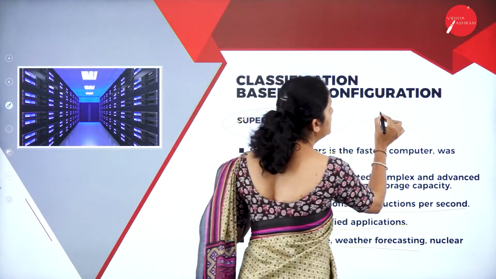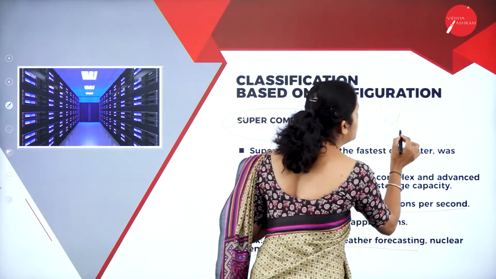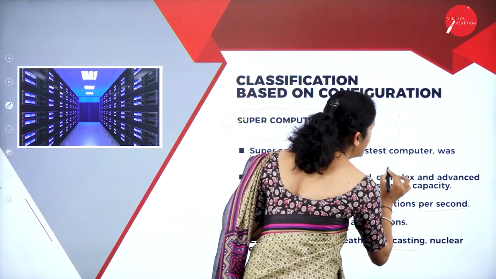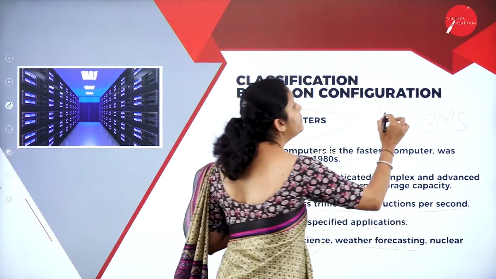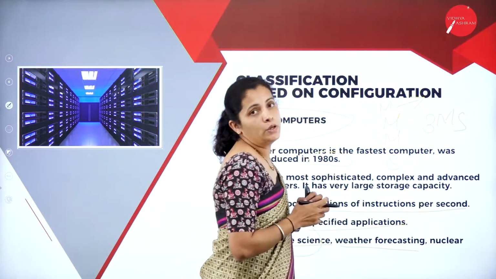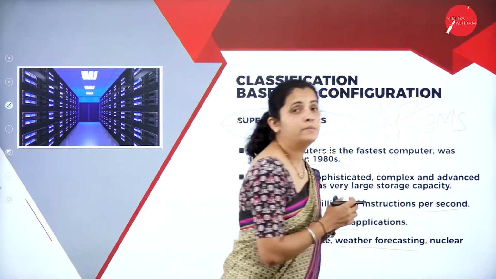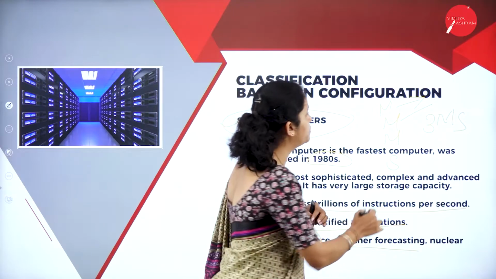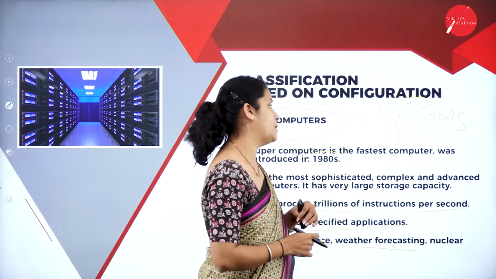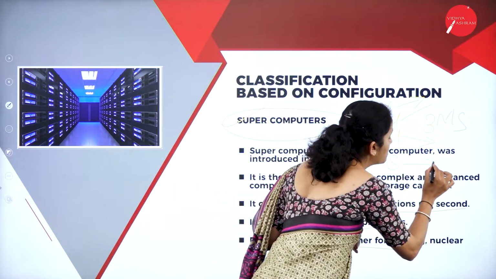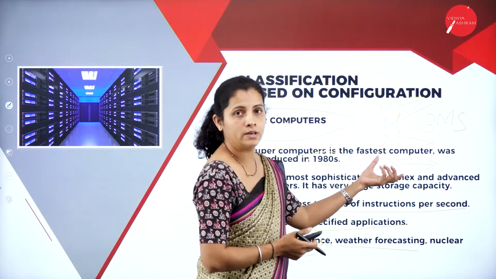At the beginning I have the first M, then the second M, then the third M and S, that is 3M S. The first M represents microcomputer, the second M represents mini computer, and the third M represents mainframe computer. At the last, I have S, which represents supercomputer.